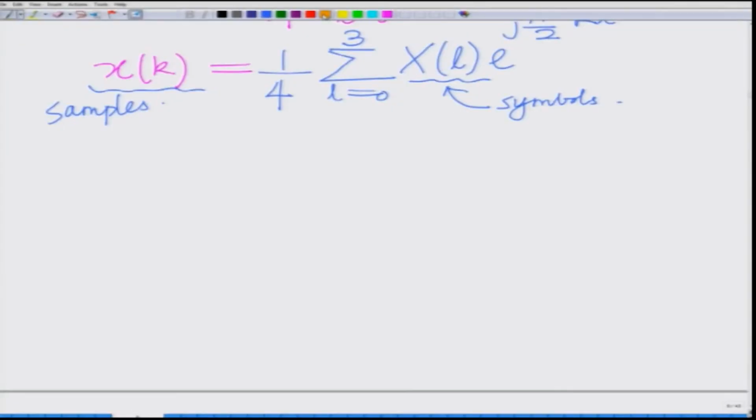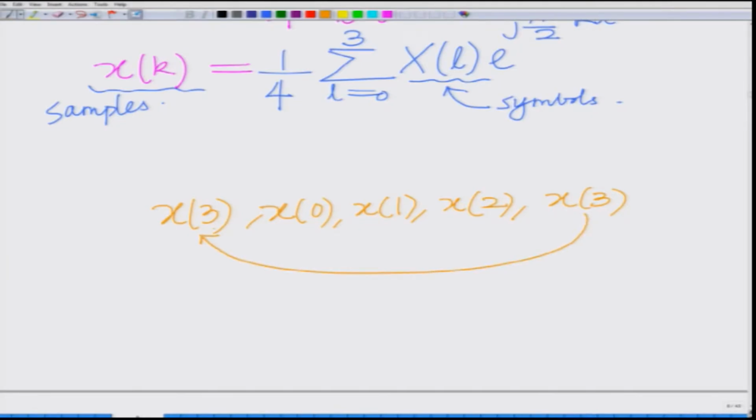So in the second step, we have your samples x0, x1, x2, x3, and now I am basically cycling the samples from the end towards the beginning.